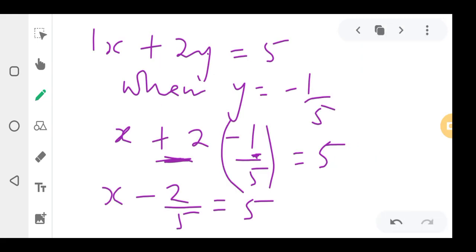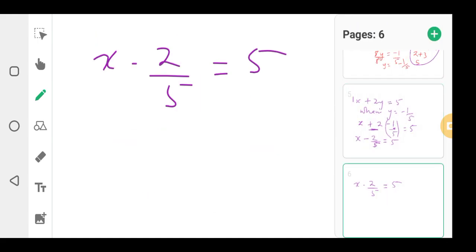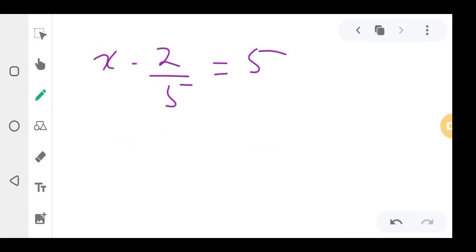So x is equal to 5, and this negative 2 over 5 crosses to this side and becomes positive 2 over 5, since we're trying to find x.